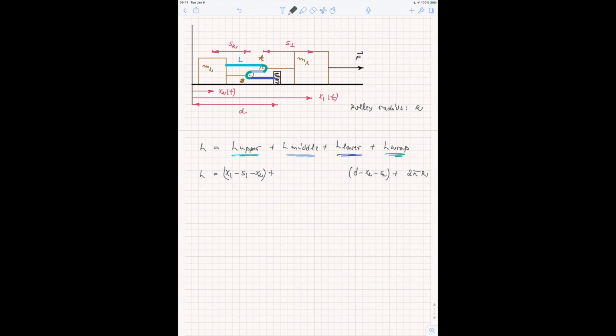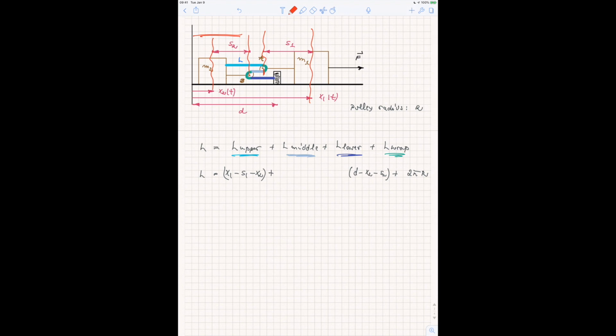Okay, so now what is the middle section? Well, let's take s1 again. Let me go back here. Let's take x1 and subtract off s1. Then I'm already here. Then if I take the distance s2 and add to that x2, then I have the full distance from here to here.